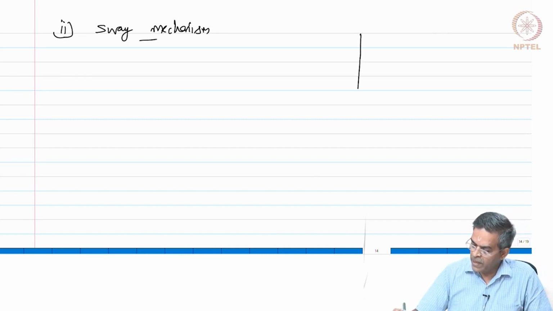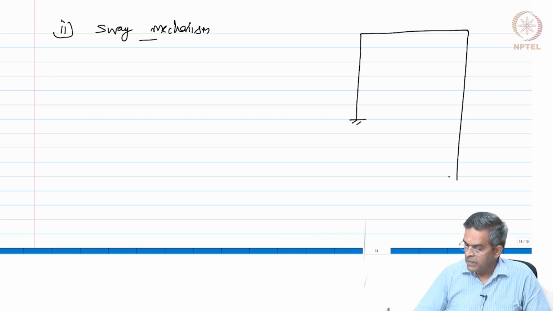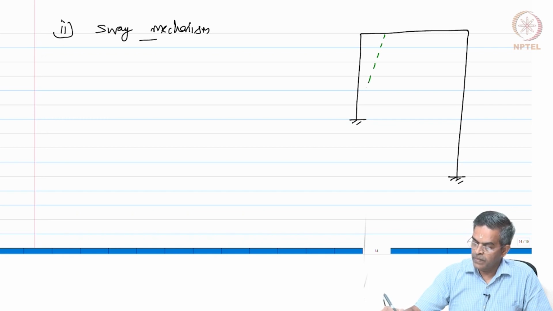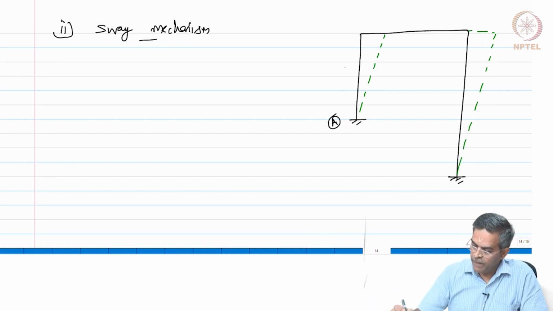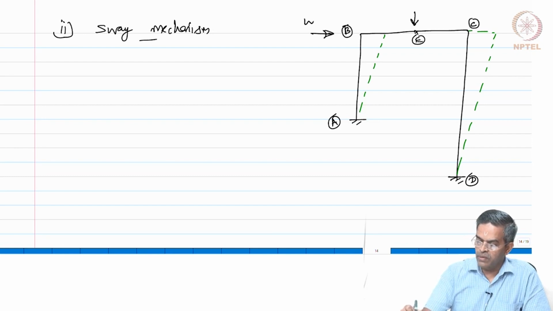So, this is my frame. The frame is going to sway to the right. This point is A, B, C, D, and somewhere it is E, there is a load here, and now there is a lateral load W here.